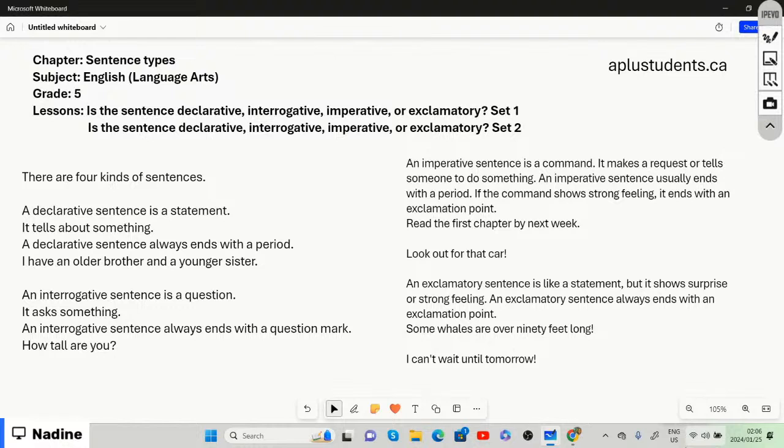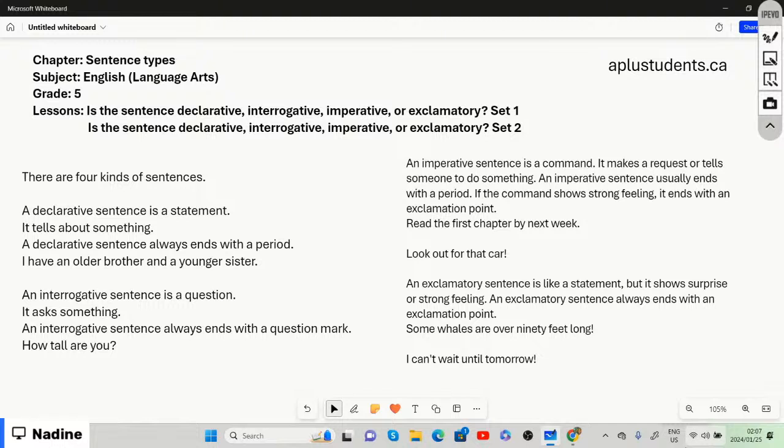So we're basically going to find out if the sentence is declarative, imperative, interrogative, or exclamatory.